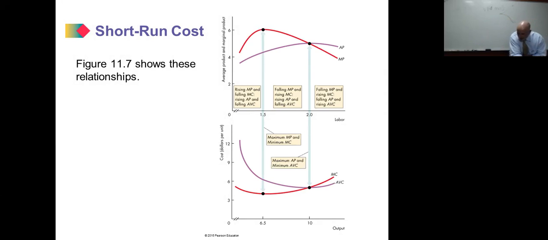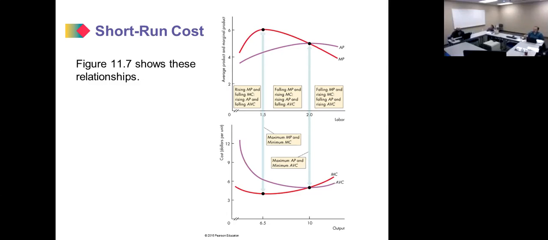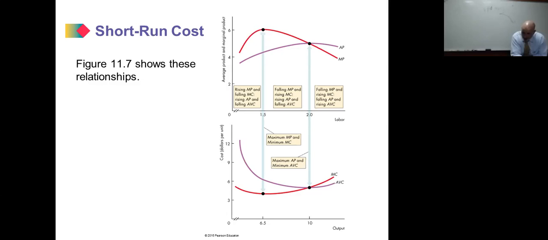Labor is increasing up to what? At 1.5 workers, we're increasing up to that point. So rising up to 1.5 workers.